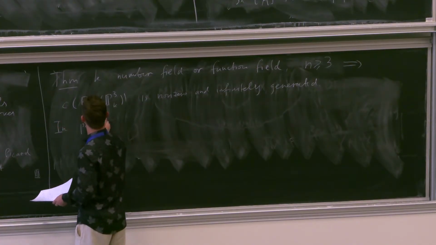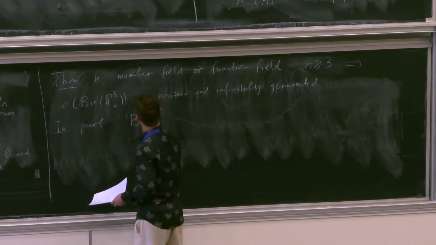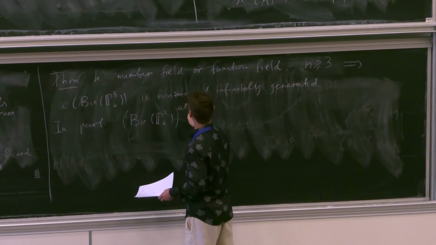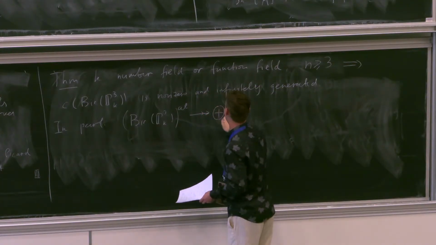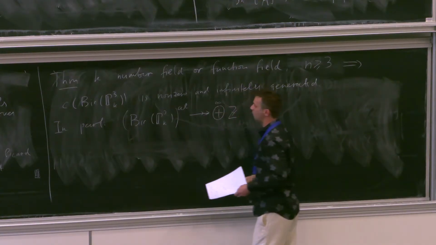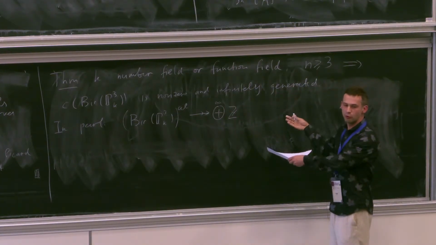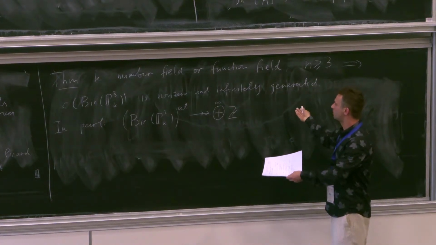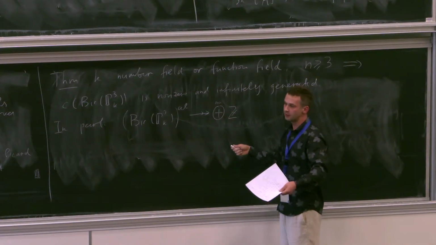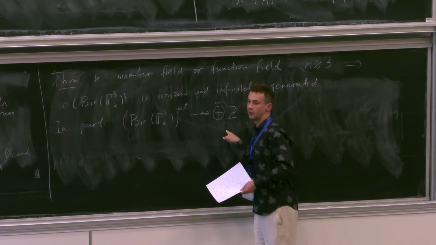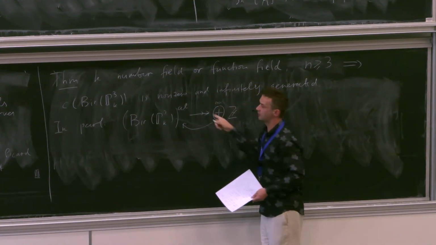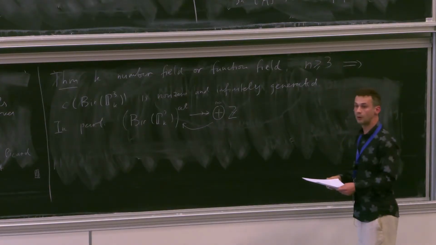In particular, what we get is that the abelianization of the Cremona group will surject onto an infinite direct sum of copies of Z. Maybe it follows more from the proof than from what I just said, but the proof will produce invariants in the image that are linearly independent, and then you have such a consequence. And in fact, because it's free, you also have a splitting, so you earn this as a direct summand in your abelianization.